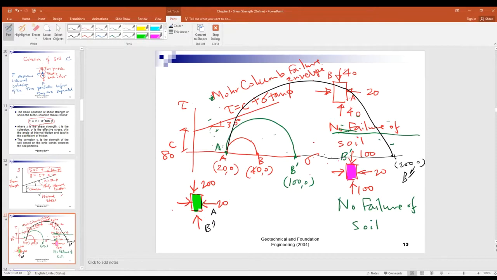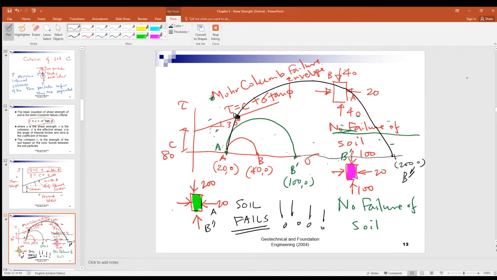So will the soil fail? The soil fails, because it is crossing this failure envelope.